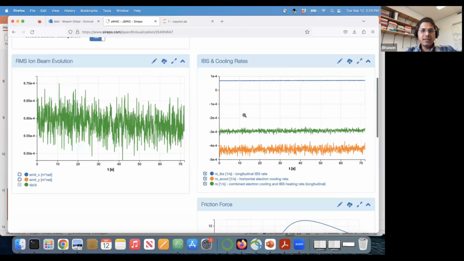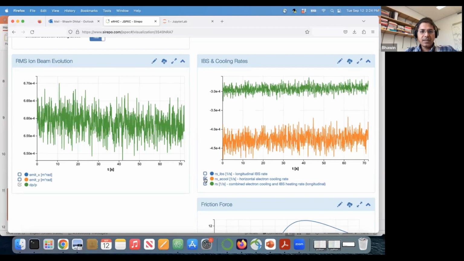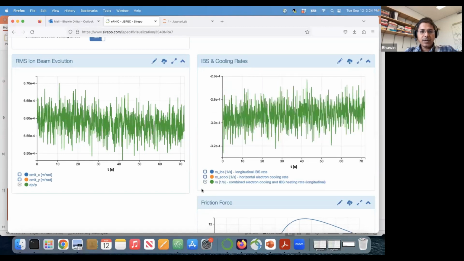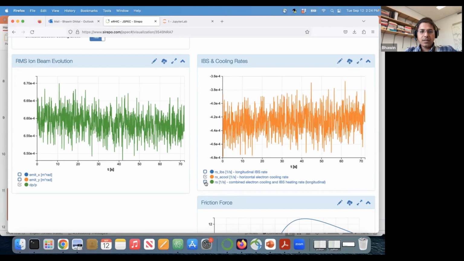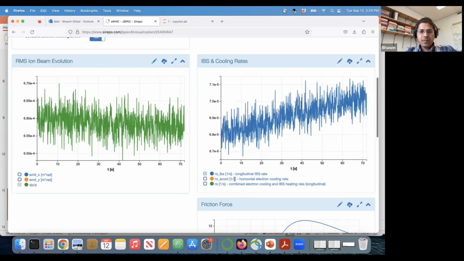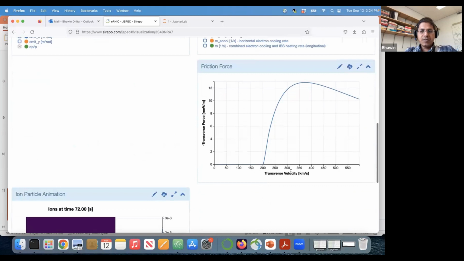On the right side, there are IBS and cooling rates. You can look at the individual rates. This is the combined electron cooling and IBS heating rate in longitudinal. In the same way, you can look at the horizontal electron cooling rate and the longitudinal IBS rate. Also, there is the friction force.